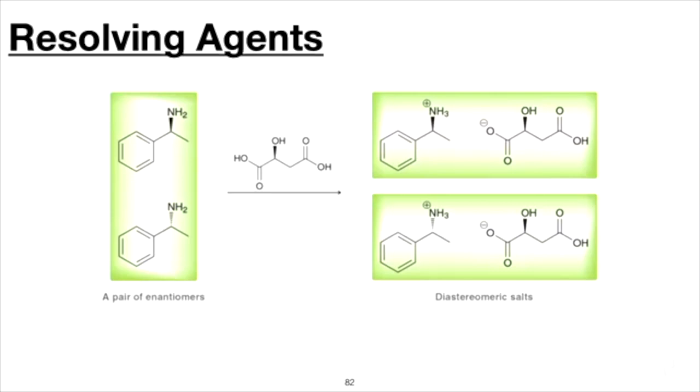That's how hard it is to do separations of chiral materials, because otherwise, if they don't react differently or crystallize differently, there's no hope, because they boil at the same place and they have the same melting point.